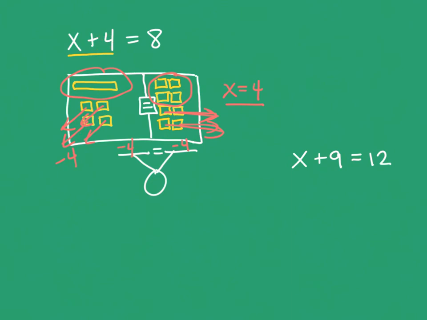Let's do the inverse, or the opposite of that, to get x by itself, to get x isolated. So we took those 4 away, but keeping in mind that we have a balanced scale that we need to keep balanced. So in this case, we took 4 away from here and also took 4 away from there to keep our scale balanced. So let's take that idea over to here.